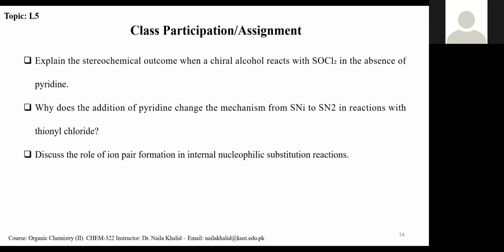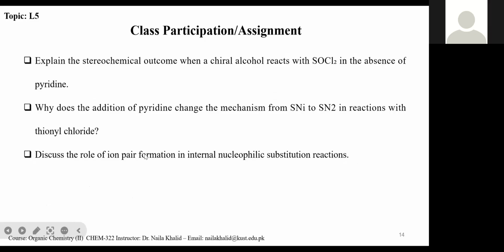Then discuss the role of ion pair formation. We have discussed how the ion pair is formed in the internal nucleophilic substitution reaction. So you have to discuss what the role is. The important role is the retention of configuration.